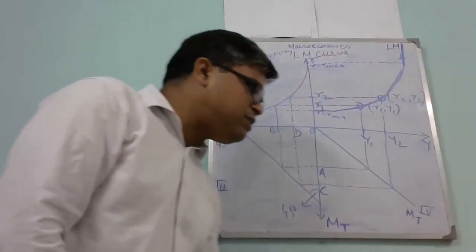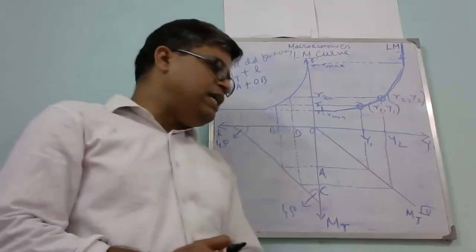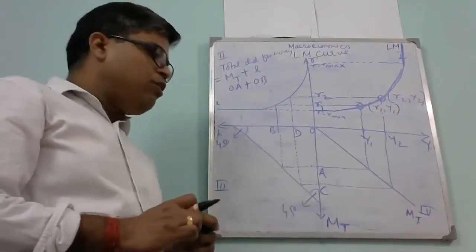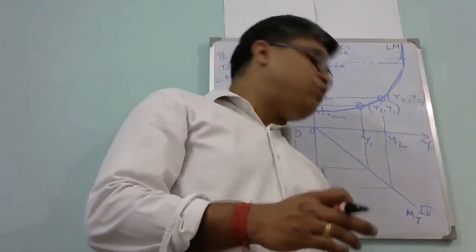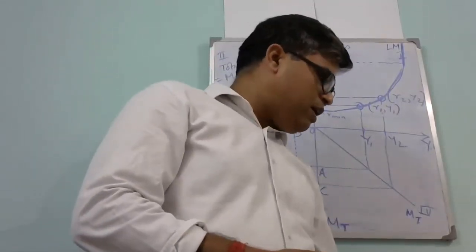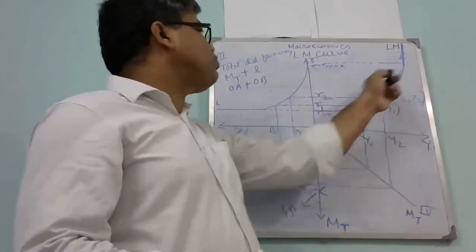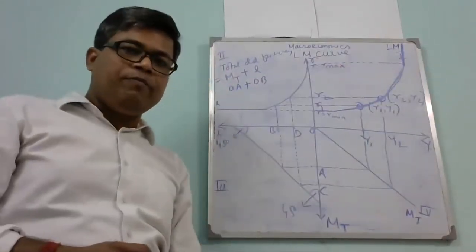This is the way we derive the LM curve, the money market equilibrium. Why the LM curve looks like this, with the upward sloping and vertical shapes, we will explain later.